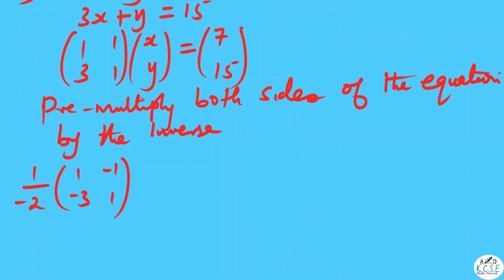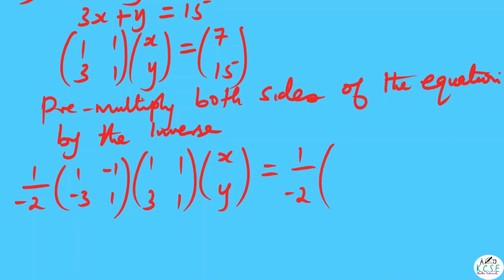So multiply. This is how we pre-multiply. That is 1 3 1 1. When we have x, y there, we multiply again on this side. This is 1 negative 3 negative 1 1, and then we have 7 15.